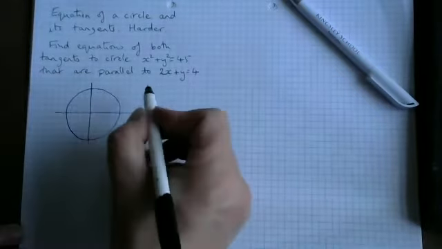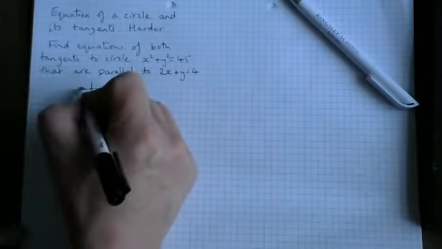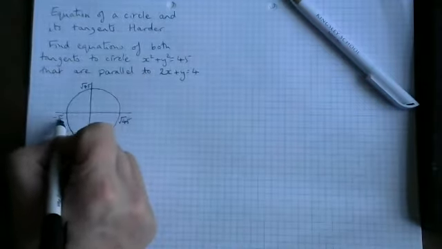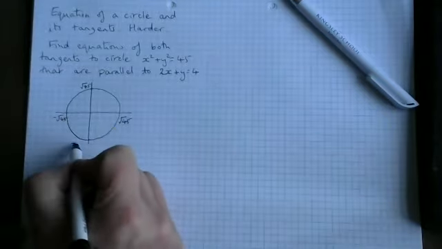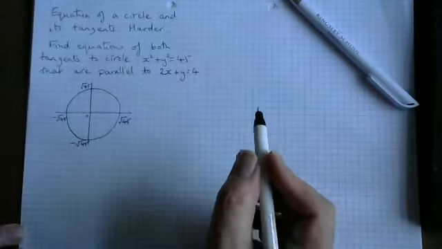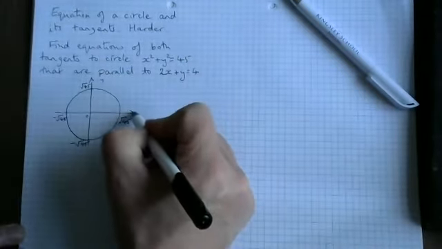That's circle-ish. I'll just write it as being root 45 and root 45, minus root 45 and minus root 45. That's 0. That's y. That's x.